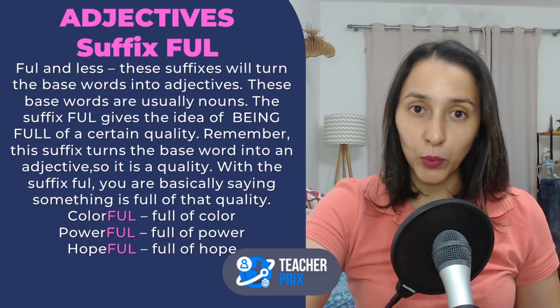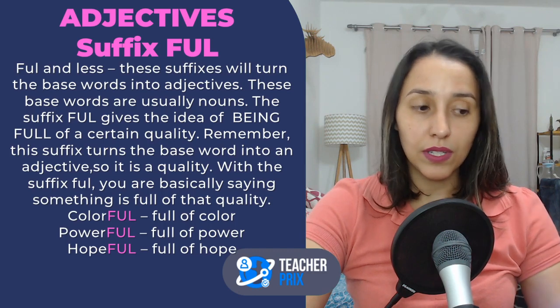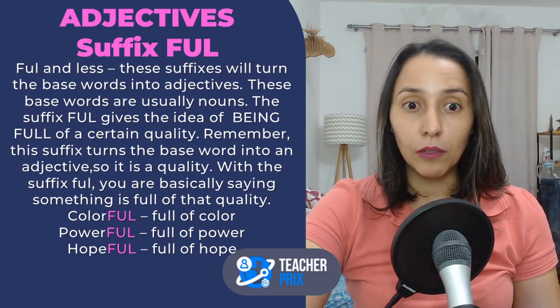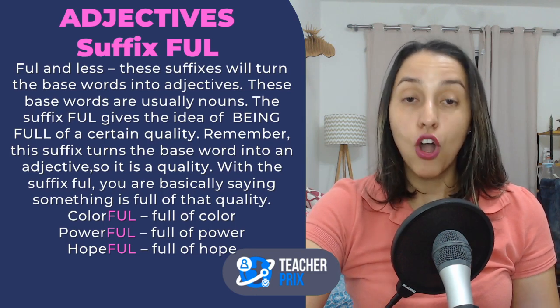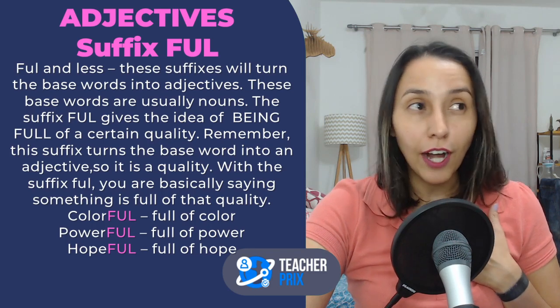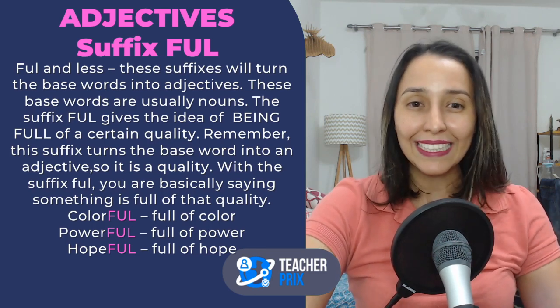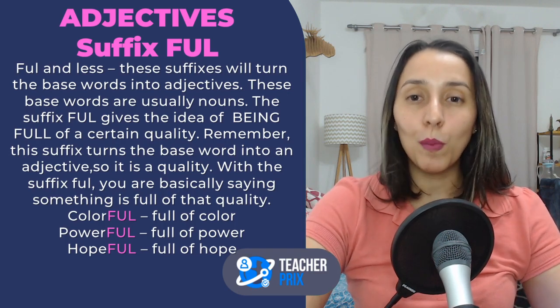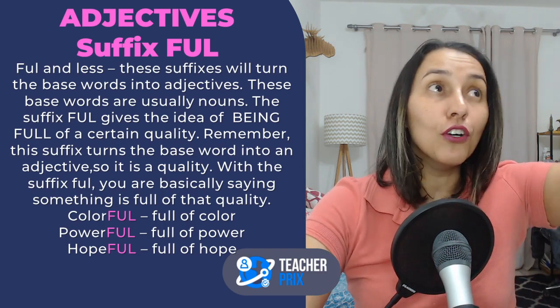Powerful, so power. If I use the suffix full, full of power, powerful, okay? Hope is when you believe something, when you have a belief in your heart or in your being that something is going to work out. So I am hopeful. I am full of hope.